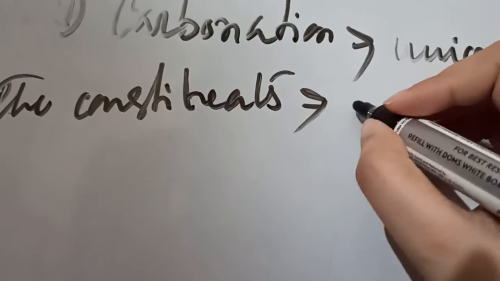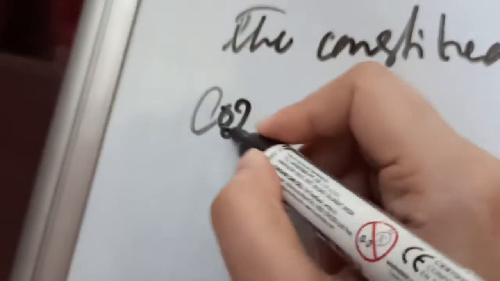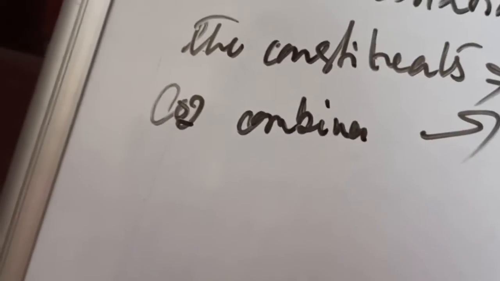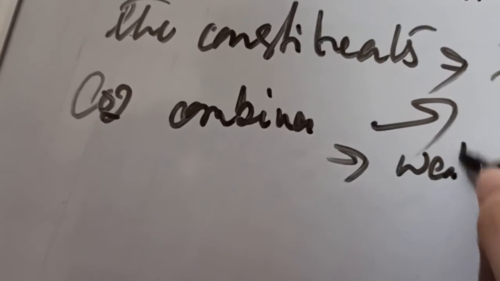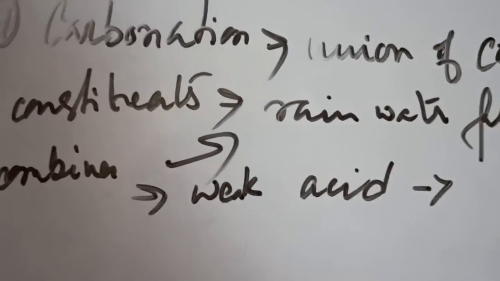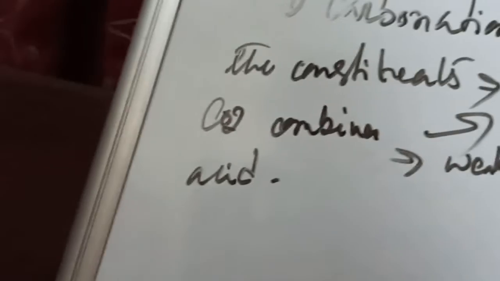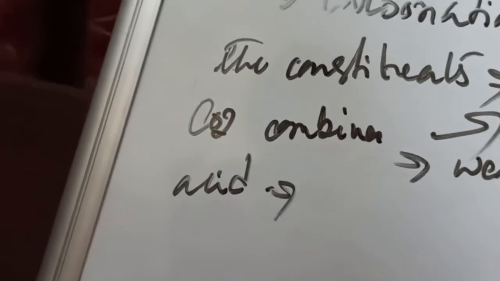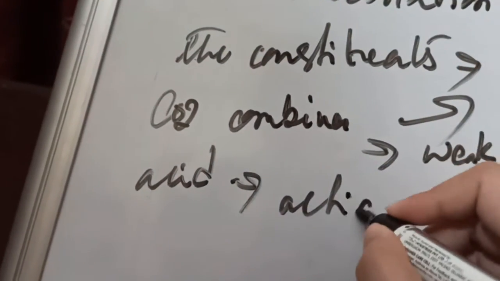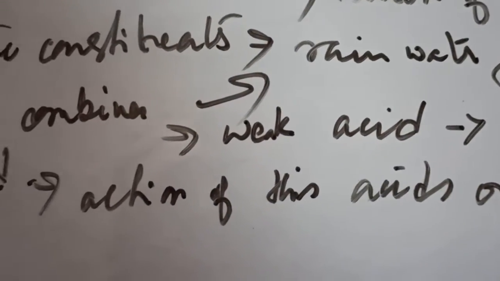So when the rainwater falls, the CO2 that is present in the atmosphere combines with the rainwater and turns it into a weak acid, which is known as carbonic acid.